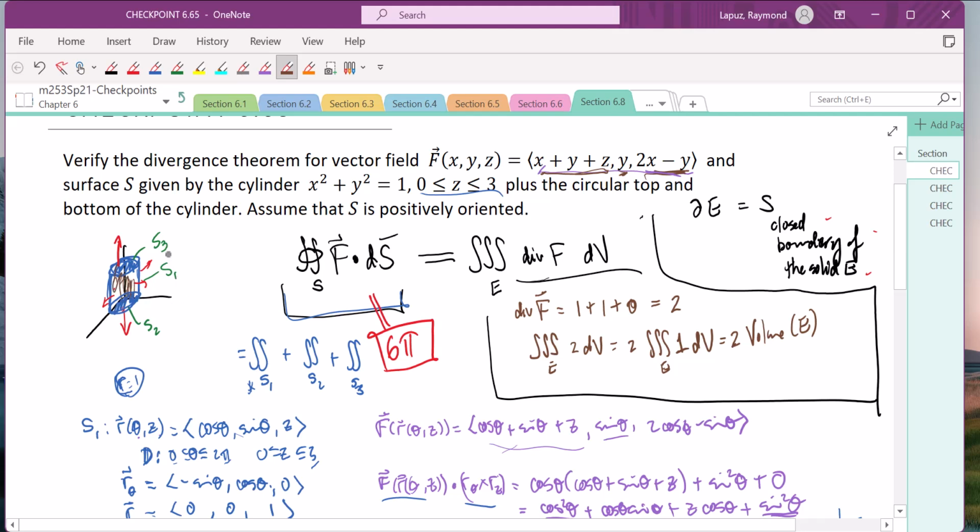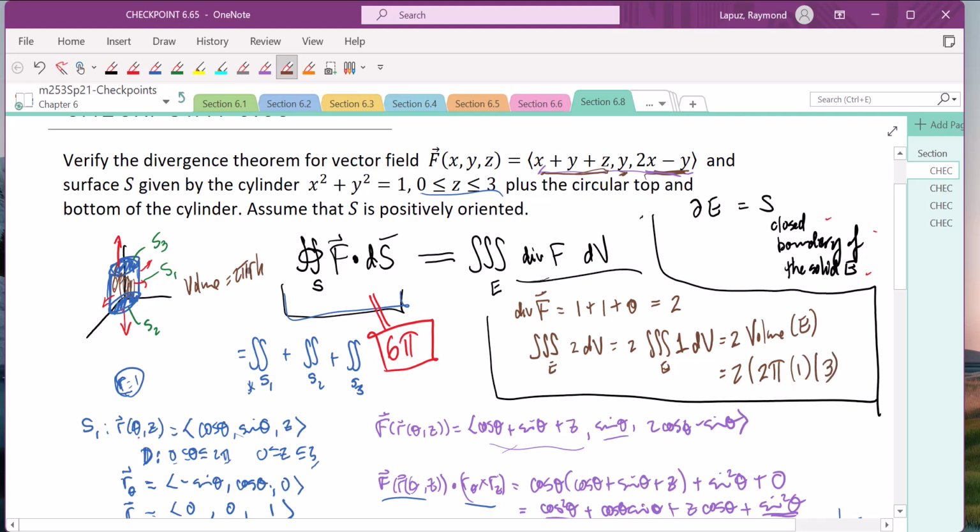What is the volume of the cylinder? So volume is going to be equal to 2 pi r h. So this is going to be 2 times 2 pi. R is the radius, that's 1, and H is the height, that's 3.